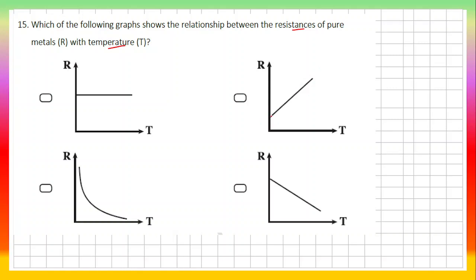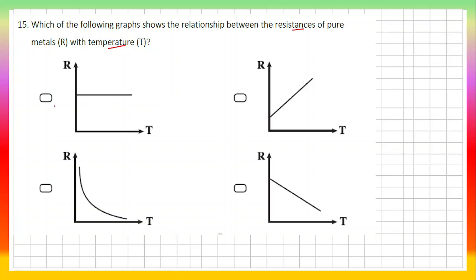Now, what happens to the resistance of a pure metal when you increase its temperature? Of course, the resistance always increases also. So in our graph, we expect some increase in resistance as we increase the temperature.